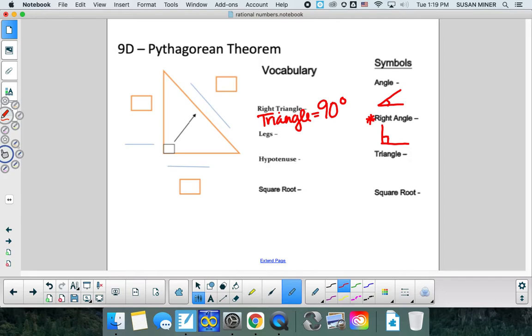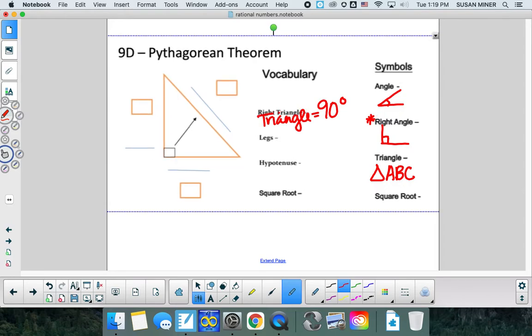For a triangle, a lot of times we label the points. We'll say this is A, this is B, this is C, and then we say this is triangle ABC, using a little tiny triangle symbol. You'll see triangles labeled like that often.